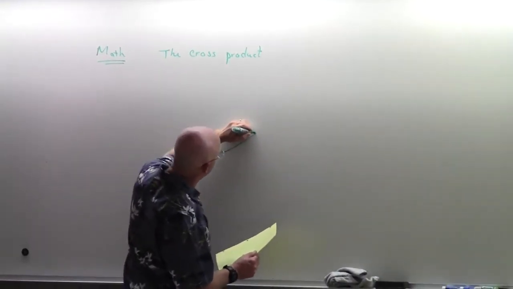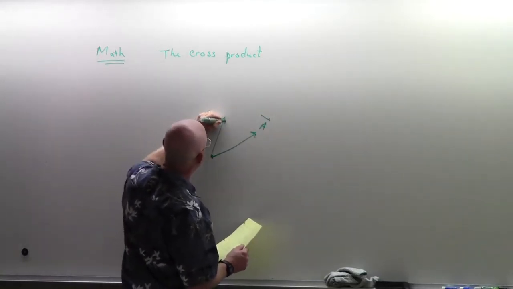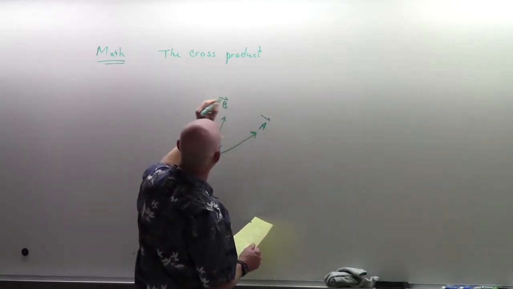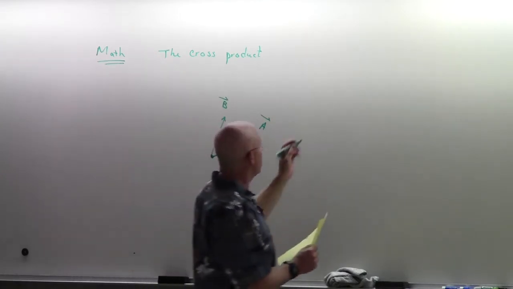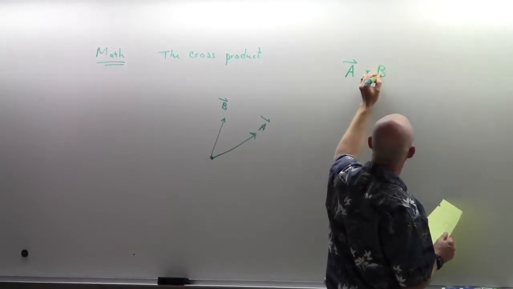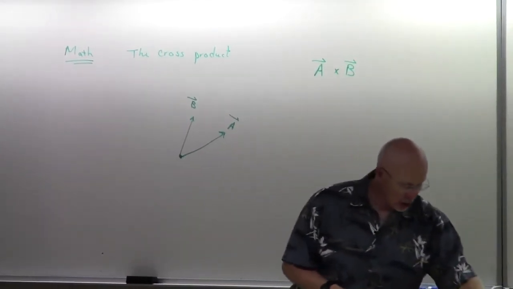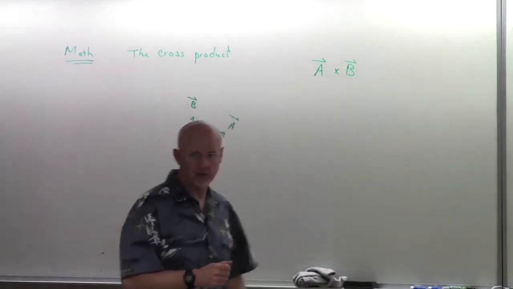And so if I took, say, the vector A and the vector B, then I can take these two vectors, A and B, and multiply them together using the X symbol, the cross symbol, not the dot.